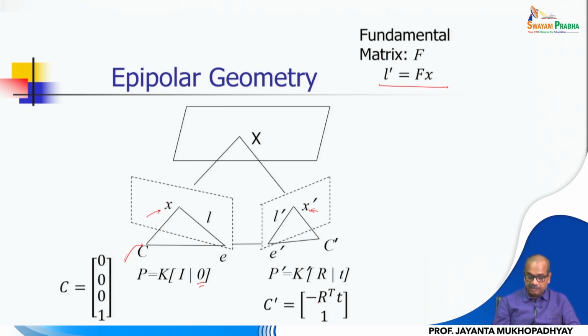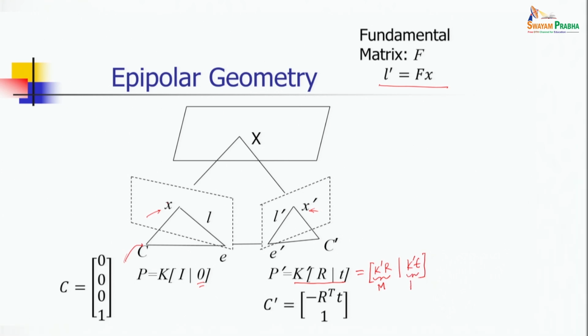For C prime we will consider the projection matrix, and I can write equivalently K prime R and K prime T in that notation. You know that we have used this also M, and this is, say, P4 when we discussed the single view camera geometry.